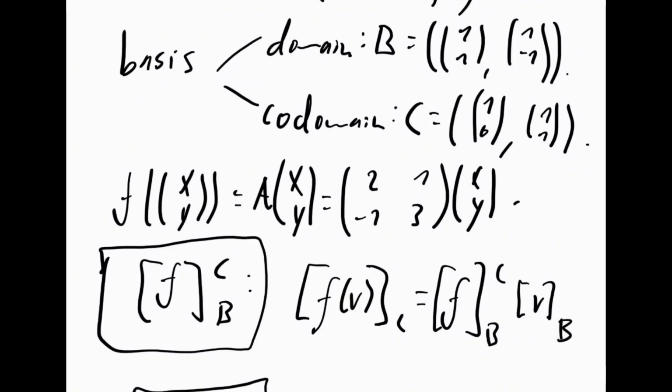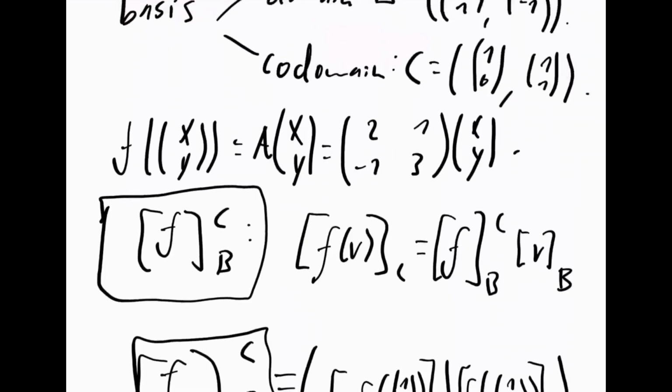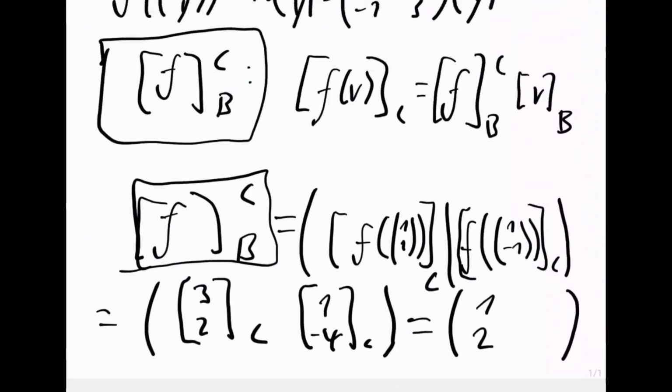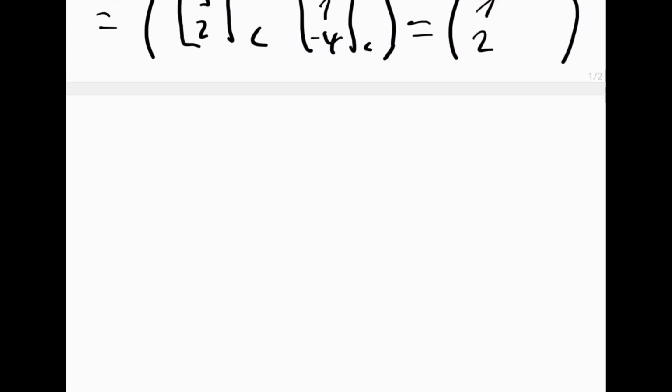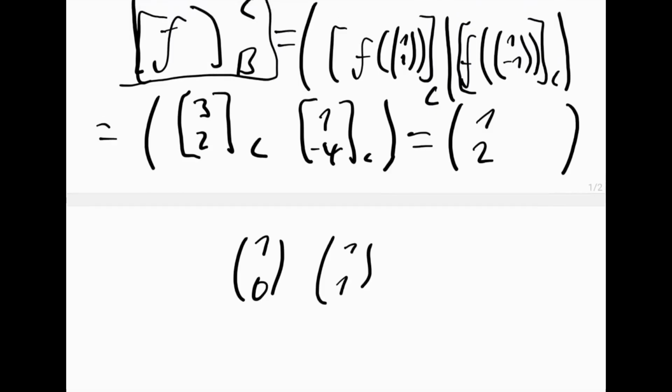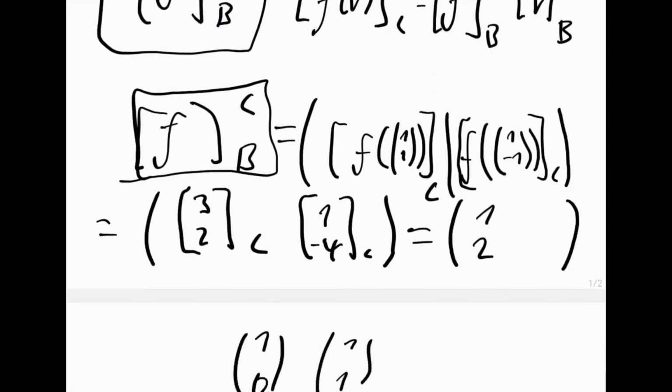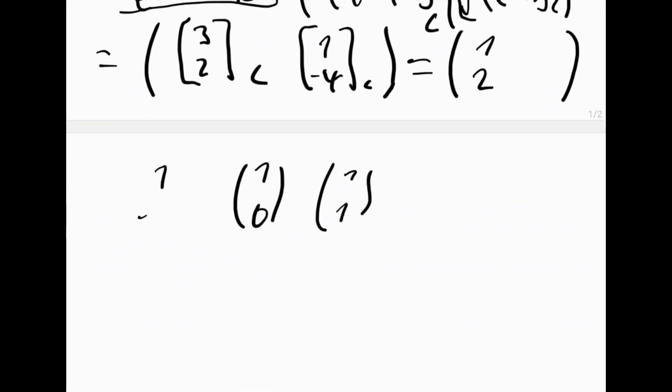We can actually write it out. It's 1, 0 and 1, 1. 1 minus 4 should equal A times this plus B times this.